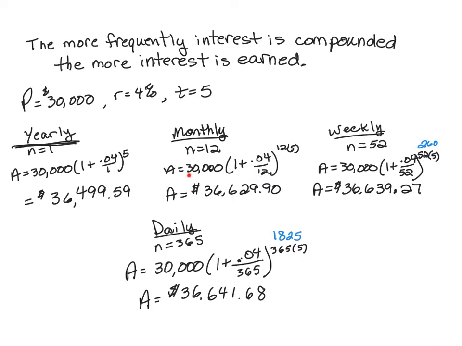That's why you don't just type this equation in and hit enter, because you're going to screw it up, I promise. So do the division, don't erase it, add the 1, hit enter, don't erase it, raise it to the power and hit equals, don't erase it, times the 30,000, and you'll get an exact answer.